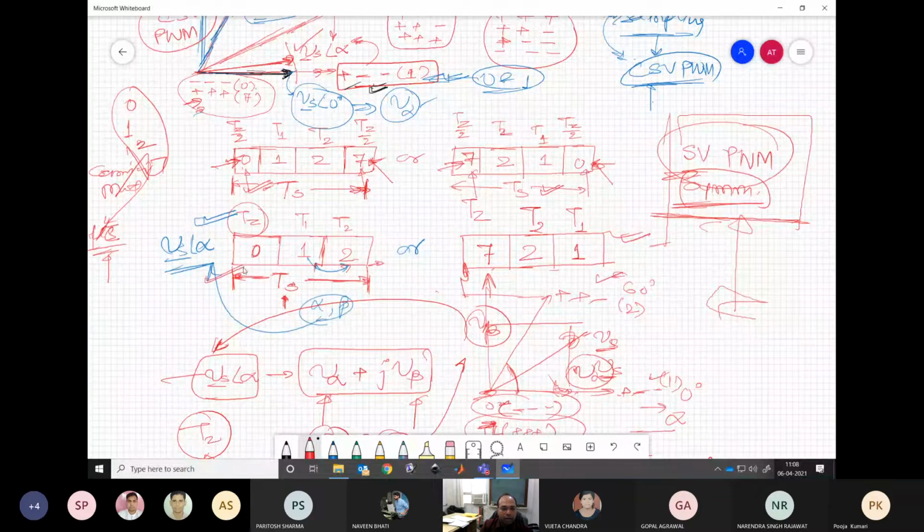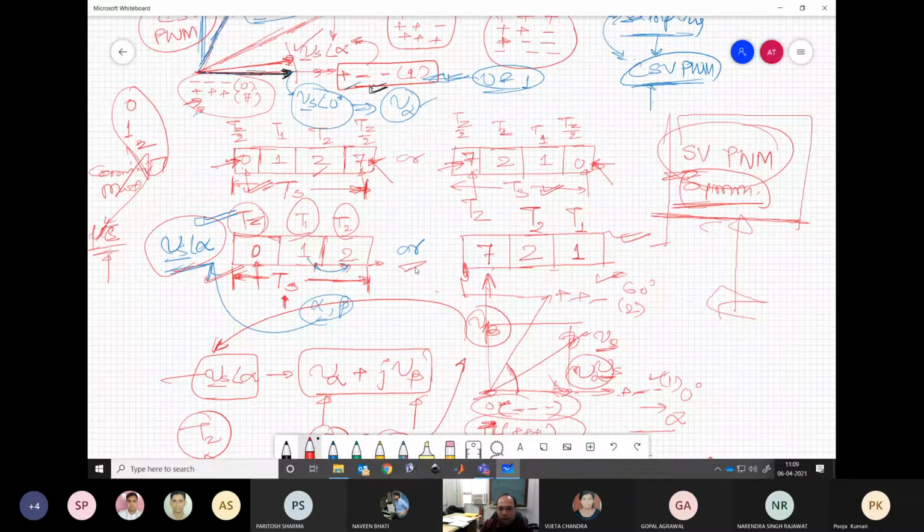We can simply have 0, 1, 2 as our sequence for realization of any vector Vs at angle alpha, where T1, T2 are computed similarly to how we have done for 0, 1, 2, 7, and for whatever zero time we get, Tz, we apply only one zero vector, which is 0. So this becomes our sequence 0, 1, 2.